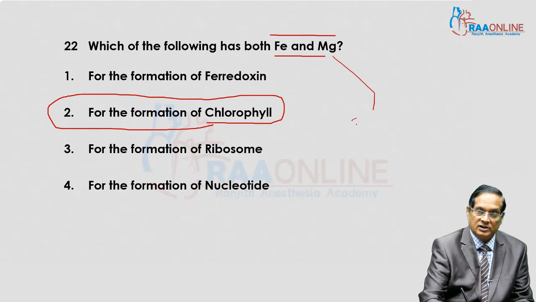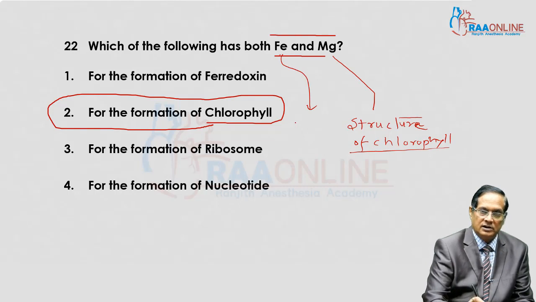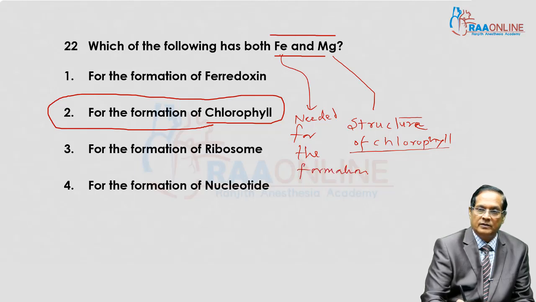Magnesium is a structural part of chlorophyll, found in its structure. Iron is not found in the structure, but it is needed for the formation of chlorophyll.